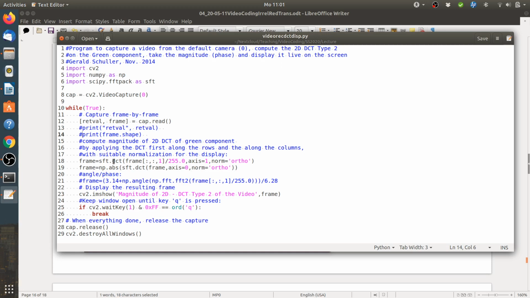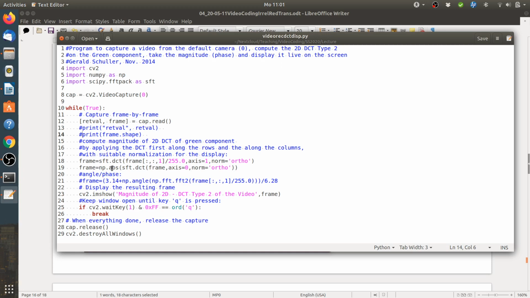By default, this is DCT type 2 along axis 1, which means now it applies it along the rows, right? Here the DCT is along the rows. And then it applies it along the columns, here axis 0, both using norm equals ortho. And then after the last step, it applies the magnitude, the abs, because I want to use that for display, right?